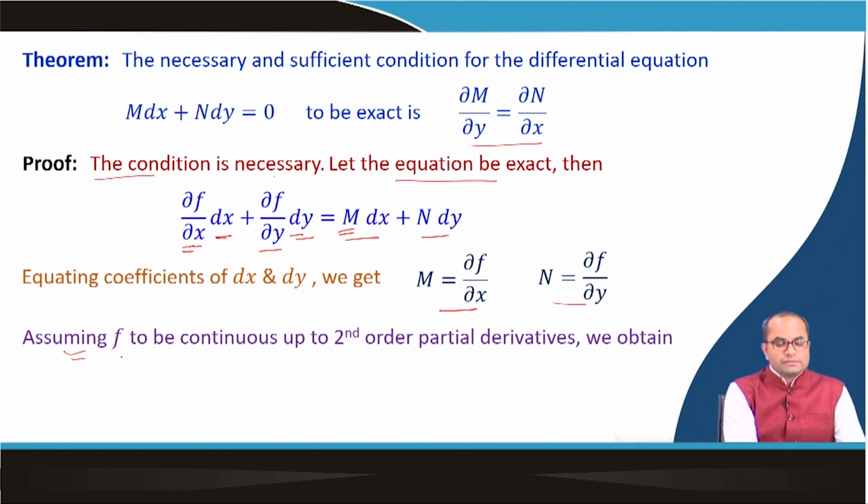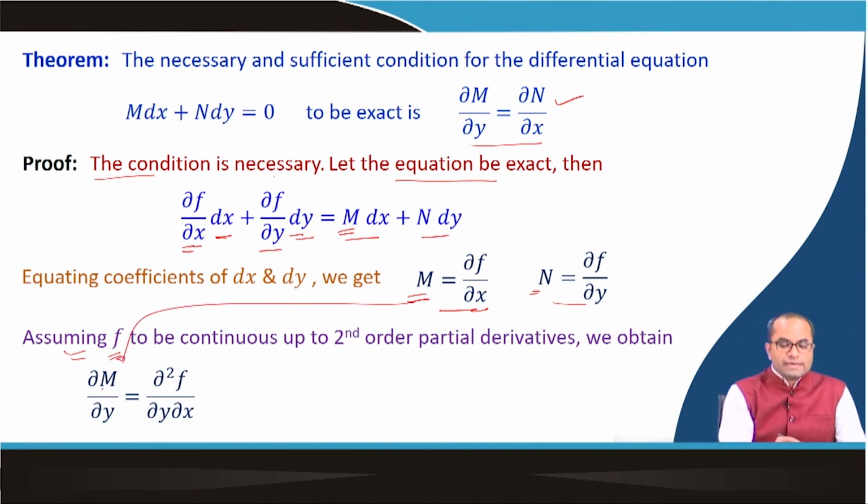So, assuming that f is continuous up to second order partial derivatives, which we can easily assume, because here we are assuming anyway that these partial derivatives exist, and we also have to assume that these are continuous. In that case, when we take the derivative of these equations, for instance, if we take the derivative of M with respect to y, then del M over del y will be equal to del 2 f over del y del x.